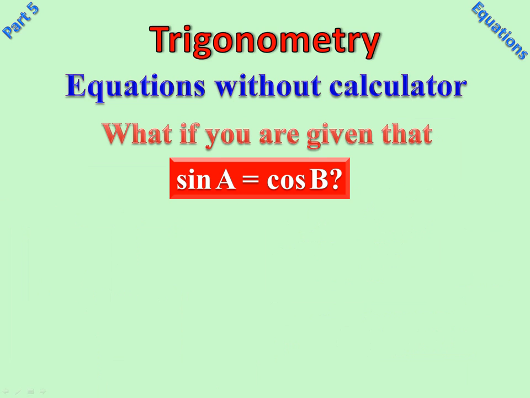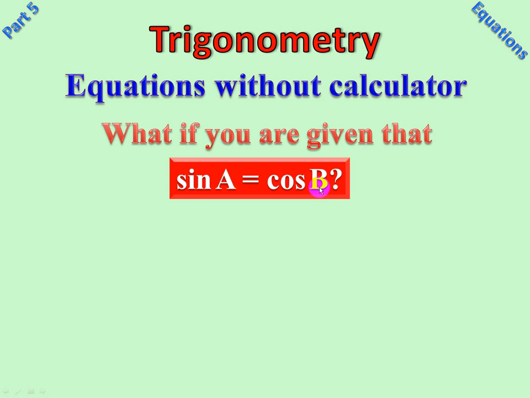What about if we are given sine equals cos? Well, we know a way to convert that back to sine. Sine co-ratios. To remember that cos of 20 is the same as sine of 70. Cos of 10 is the same as sine of 80.